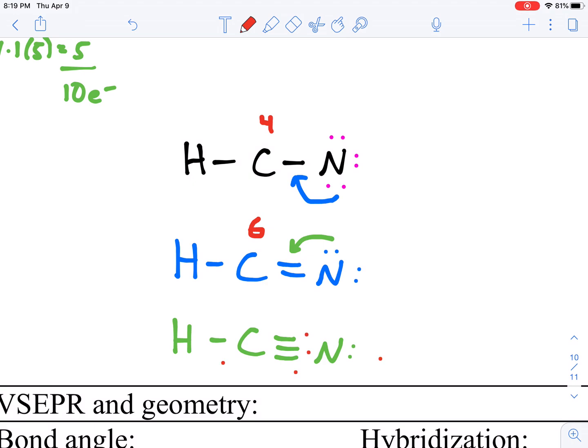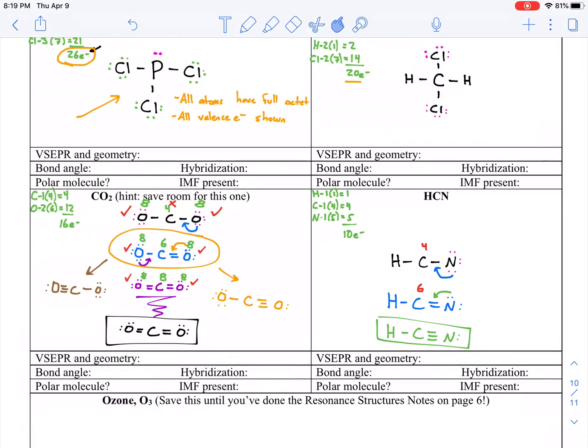So that's good. Our electrons around nitrogen are 2, 4, 6, 8. And our electrons around carbon are 2, 4, 6, 8. So everyone's happy. Carbon now has its full octet. This is the final Lewis structure for HCN, and we are good to go.